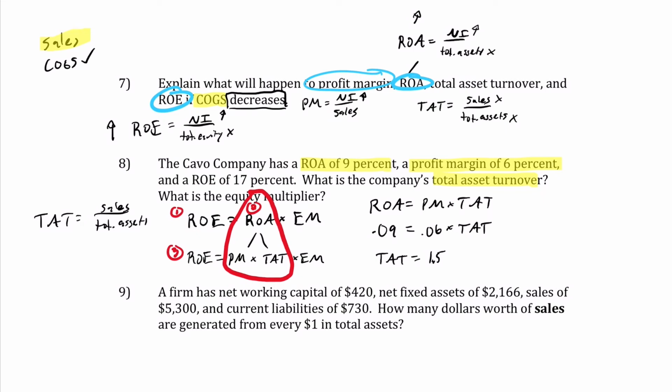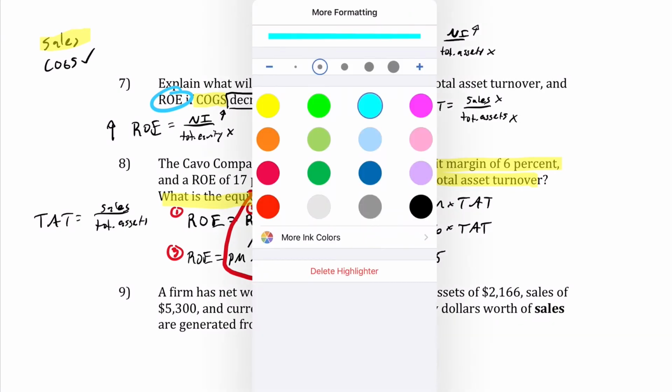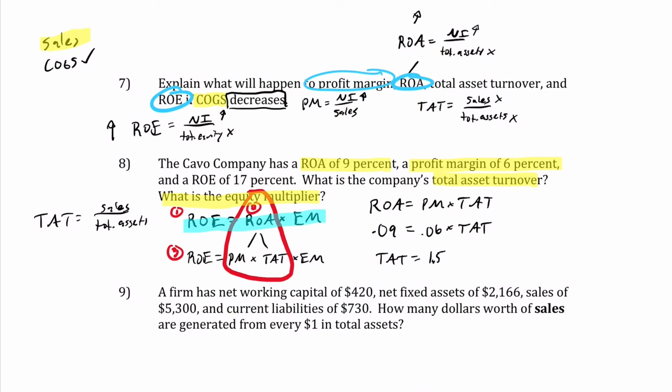And then the last part of the question says, what is the equity multiplier? Once again, I'm not really given any information to solve for the equity multiplier as an actual equation, which is total assets divided by total equity. However, based on this DuPont stuff here, I have ROA, I have ROE, and so I can solve for the equity multiplier using step 1 of the DuPont.